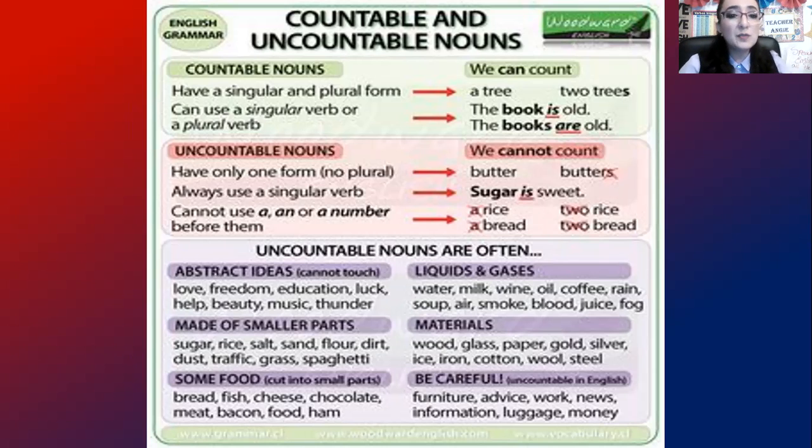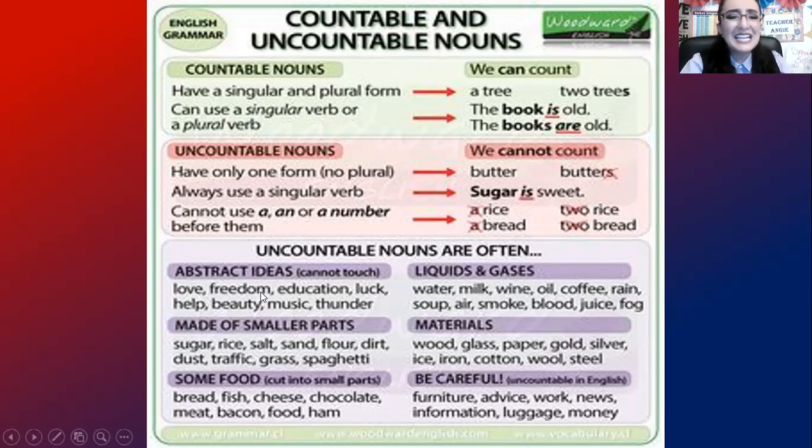They are used with a singular verb, and they don't have plural. We cannot use a or an or a number with them. Those are the uncountables. But what are the uncountables?